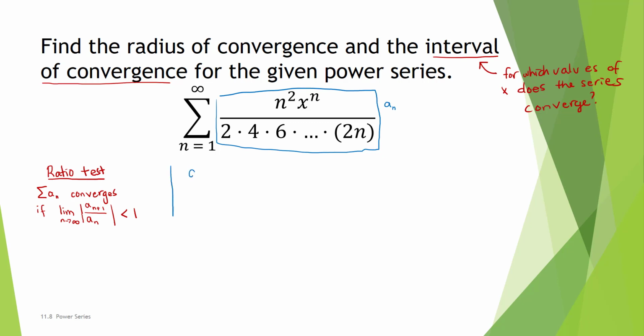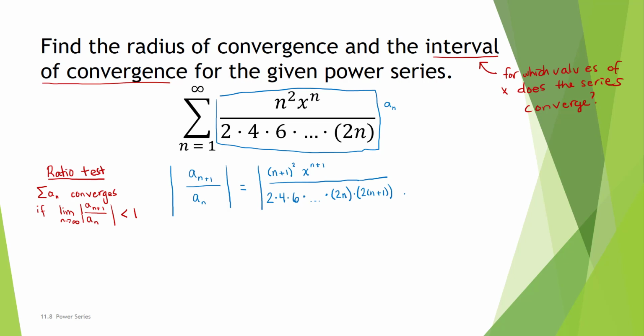So if I look at the absolute value of a sub n plus 1 divided by a sub n, I'm first going to write a sub n plus 1. So I have n plus 1 squared times x to the power n plus 1 divided by this product 2 times 4 times 6 times up to 2n times 2n plus 2.